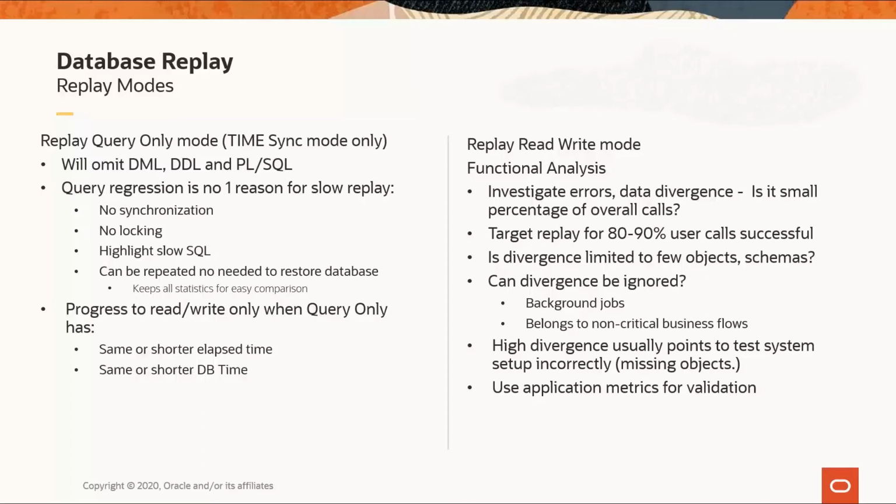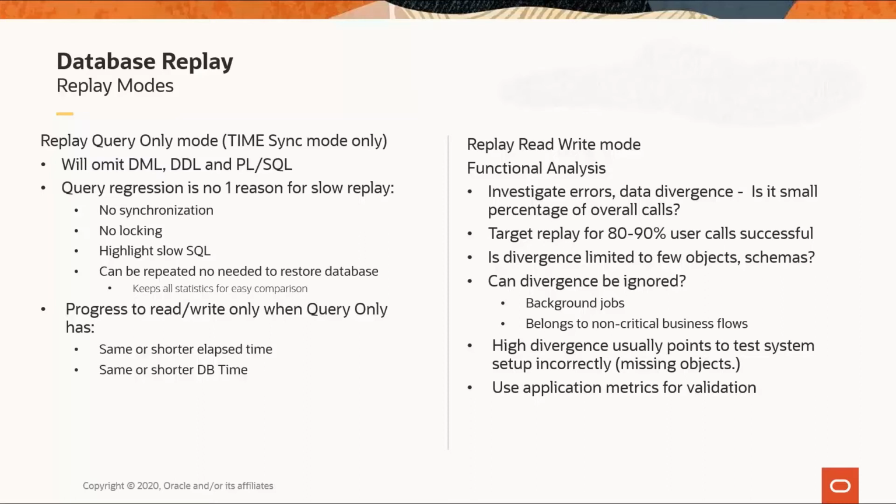And keep in mind that you're trying to target this database replay in read-write mode for 80 to 90% of successful user calls, right? Then you have questions like, well, is this divergence that is identified limited to only a few objects or schemas? Can this divergence be ignored if there are any background jobs or long-running jobs as we saw in previous slides?